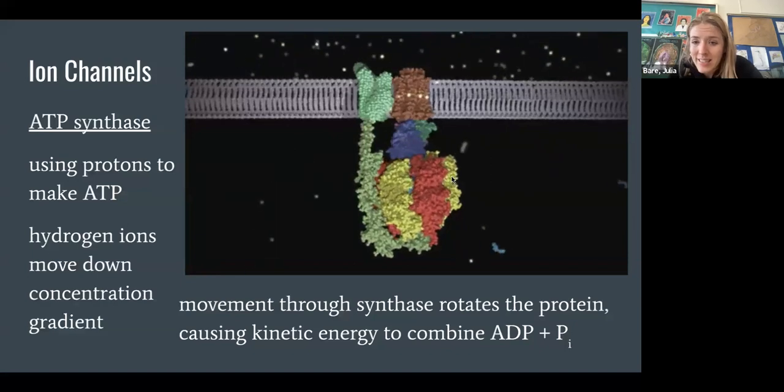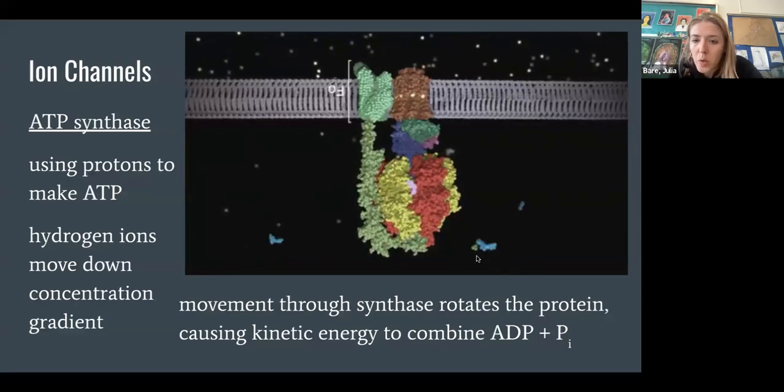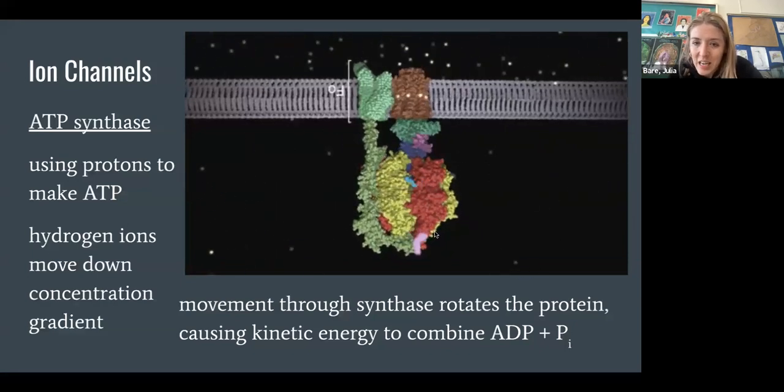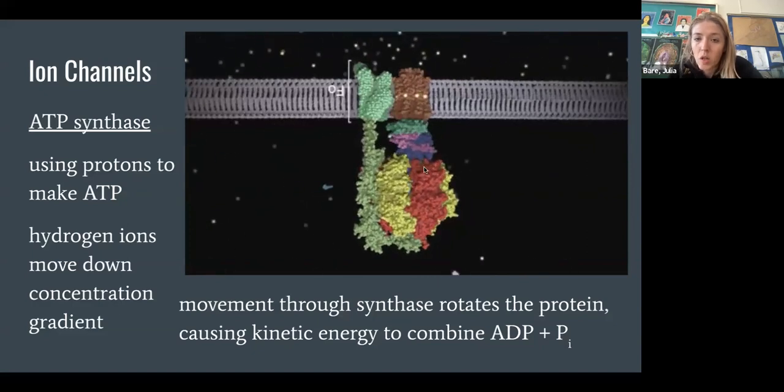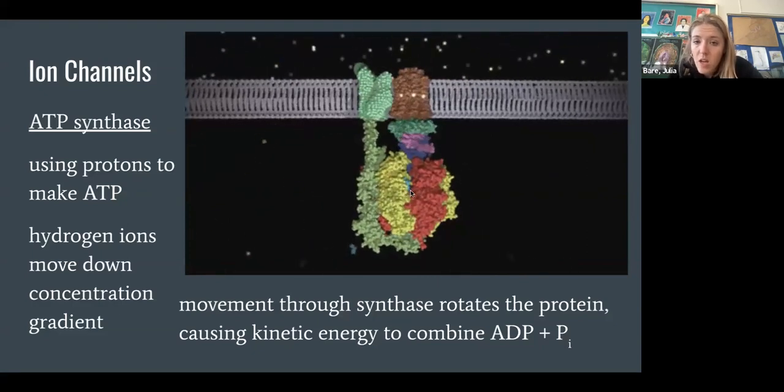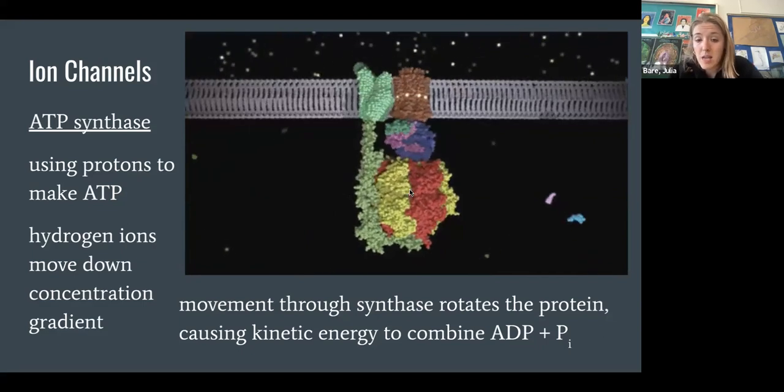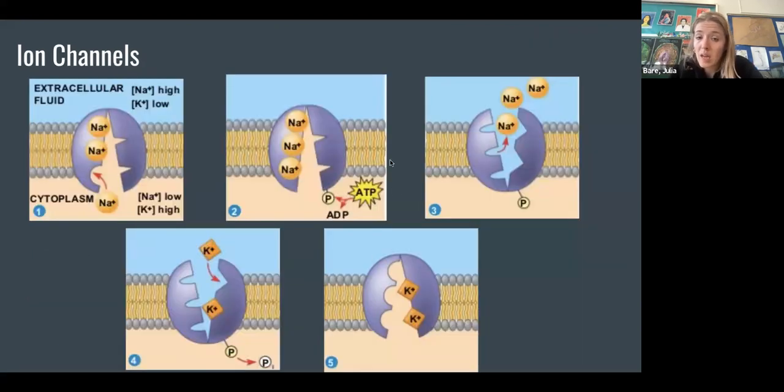And you can see these blue ADP molecules getting sucked in, and then a purple ATP molecule being released. So this is going to be how ATP is synthesized so that we can power things like the sodium-potassium pump, which can then be used to make glucose.